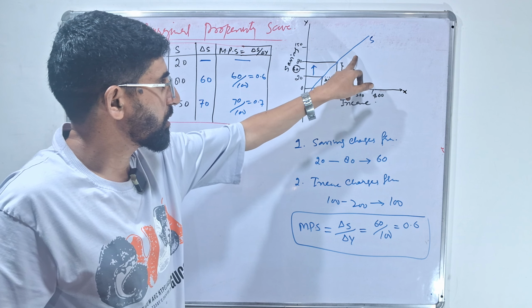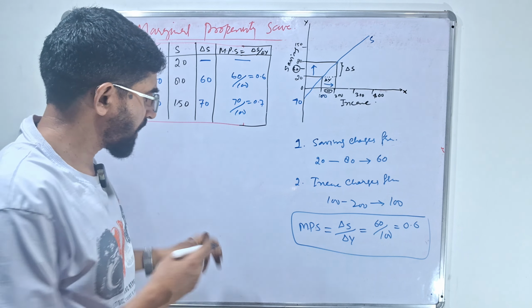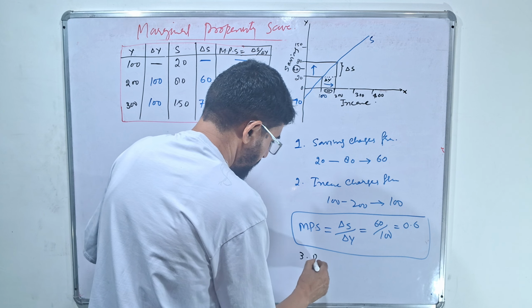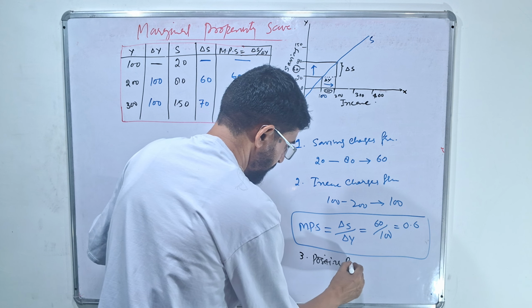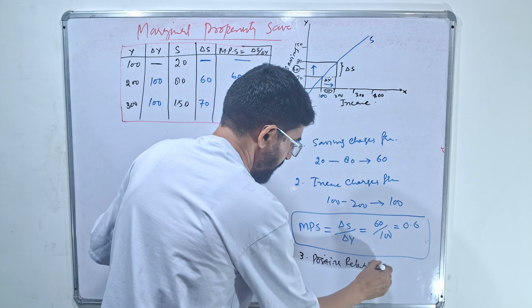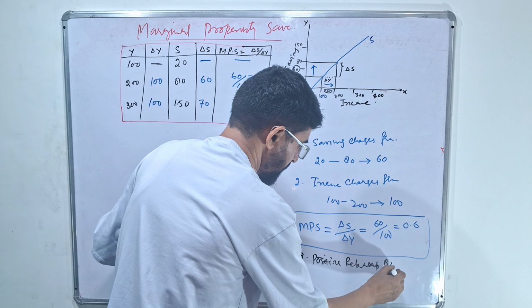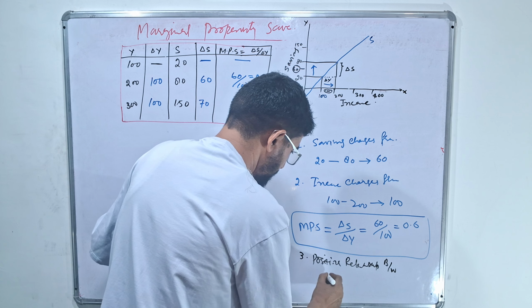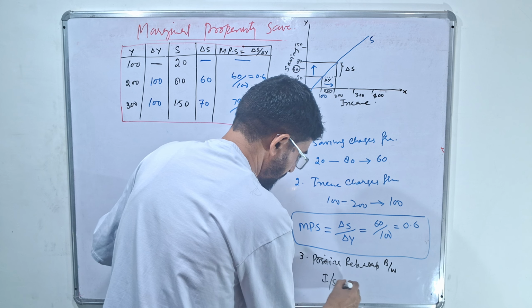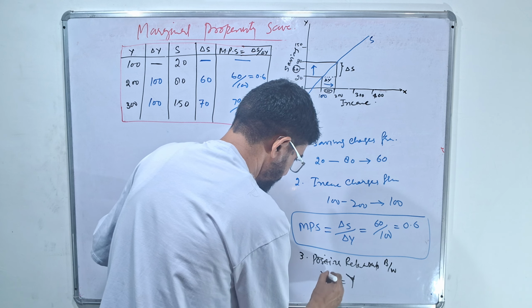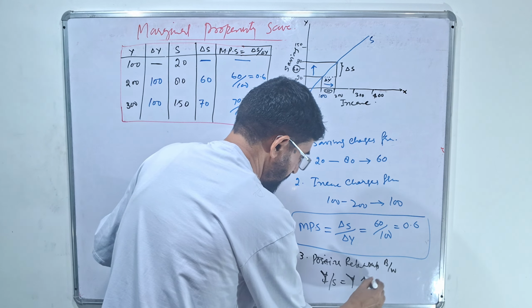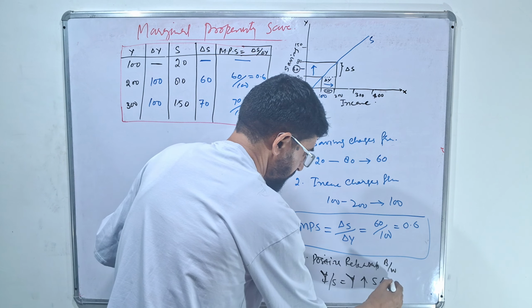There is a positive relation between income and saving. Third, there is a positive relation between income and saving: as y increases, saving also increases.